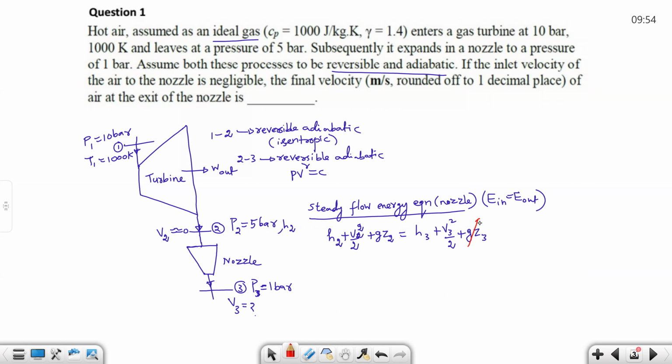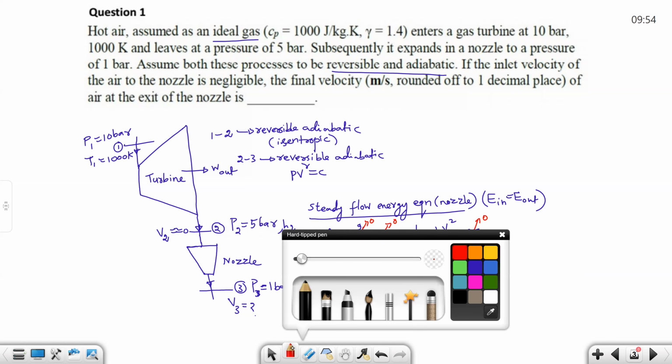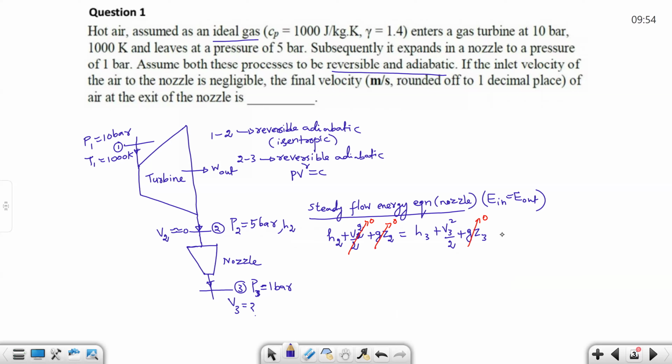Potential energy is neglected, and kinetic energy at the inlet of the nozzle is neglected. And we know that for an ideal gas, Cp T2 equals Cp T3 plus the exit kinetic energy. So now we need T2 and T3.